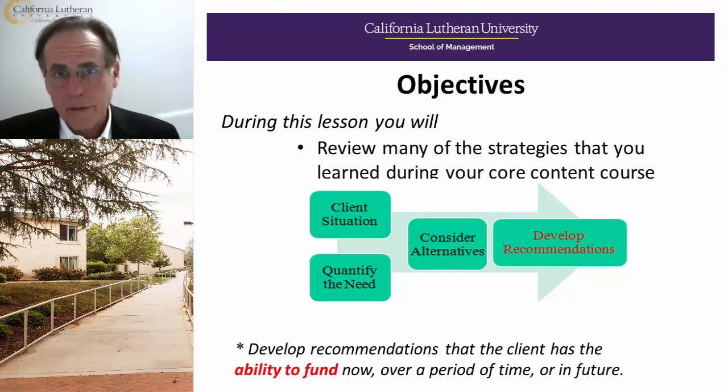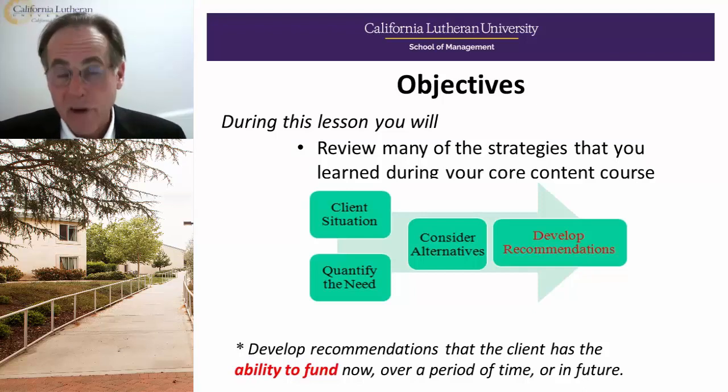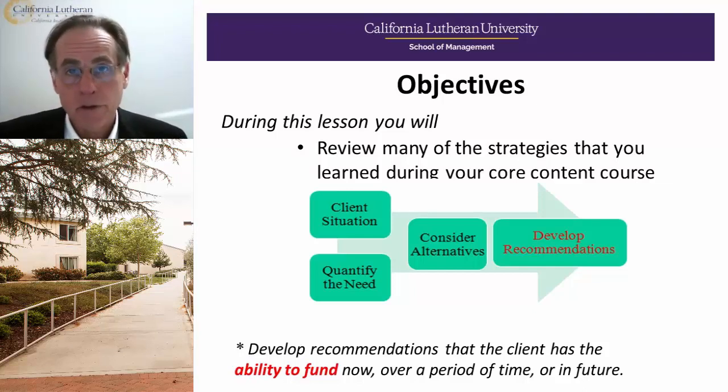We'll start with the strategies of cash and debt management, because as we're developing recommendations, we need to always think about how our clients will fund these recommendations, whether that's the ability to fund now, over a period of time, or perhaps a delayed implementation funding in the future.